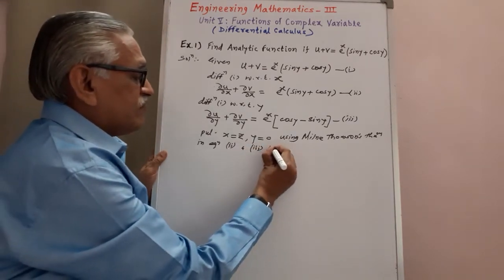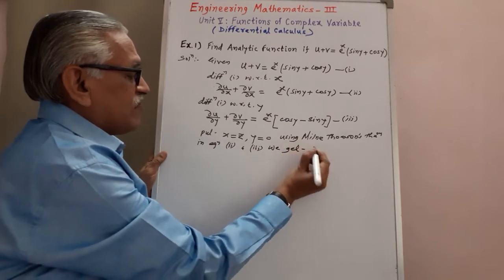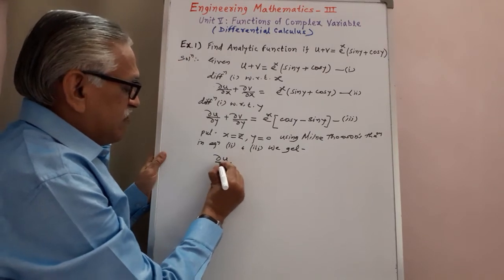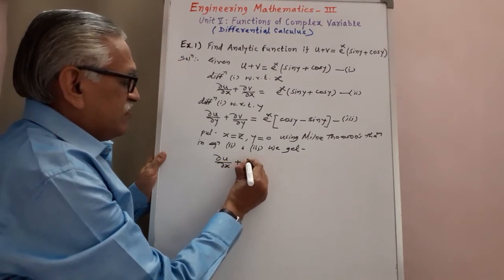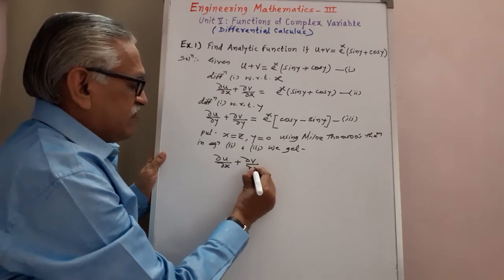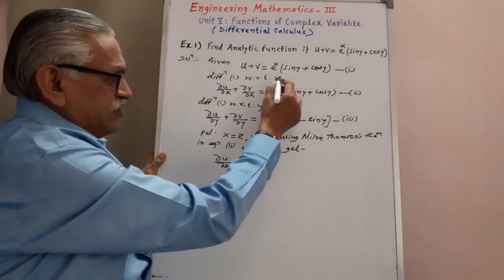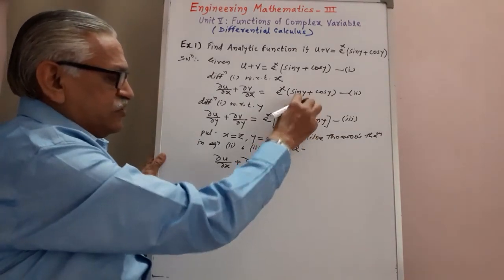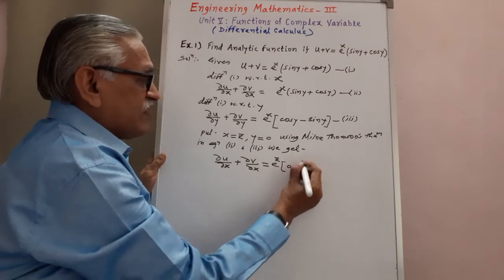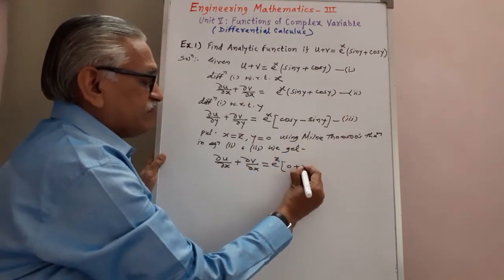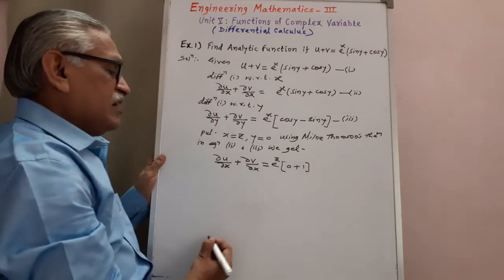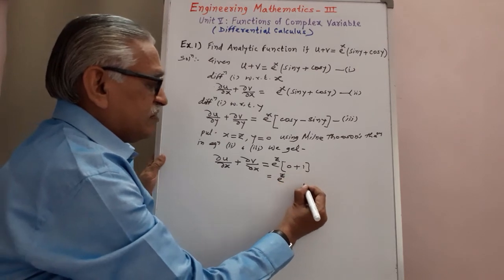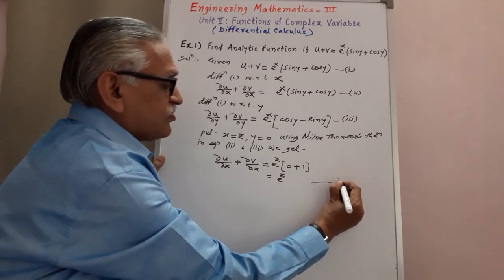We get, therefore, that equation 2 becomes dou u by dou x plus dou v by dou x is equal to e raised to z. If we replace x by z, sin 0 is 0 and cos 0 is 1, and therefore we get this value as e raised to z. We call this equation number 4.